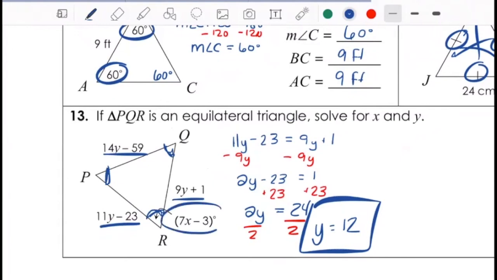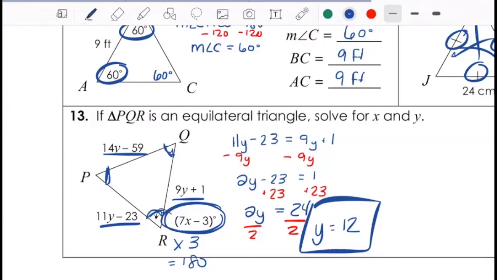So I could multiply this measurement times 3 and then set it equal to 180 and all that fun stuff. But why would I give myself that much extra work to do? Because we're intelligent enough to figure out, well, if it's equilateral, then that angle has to be 60.